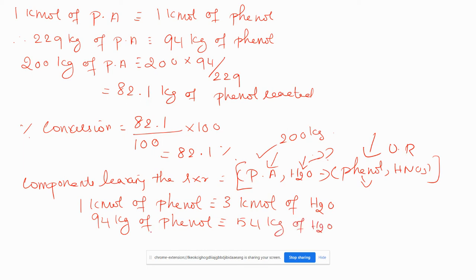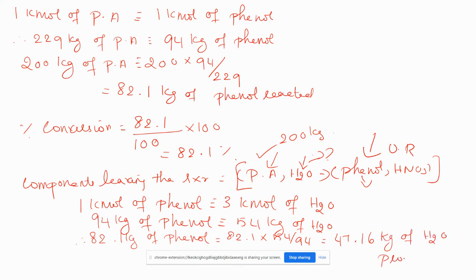Okay. Now, how much amount of phenol is being reacted? 82.1. Already we have found. So, for 82.1 kgs of phenol, you will be having 82.1 into 54 divided by 94. So, you will be having 46.16 kgs of water produced.